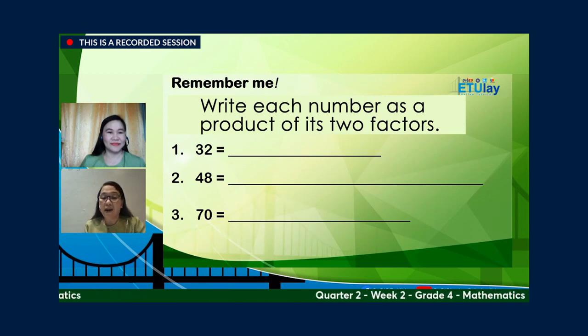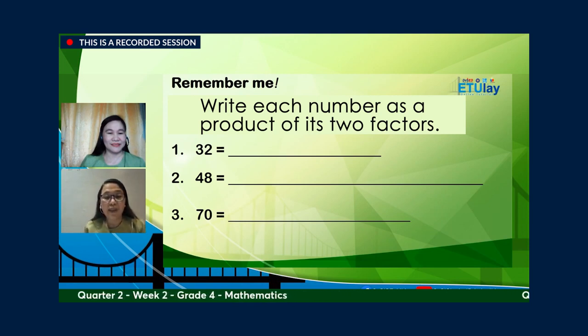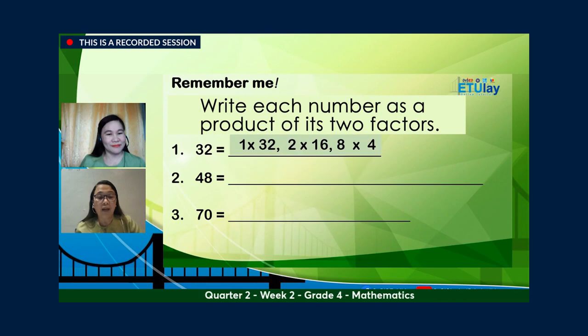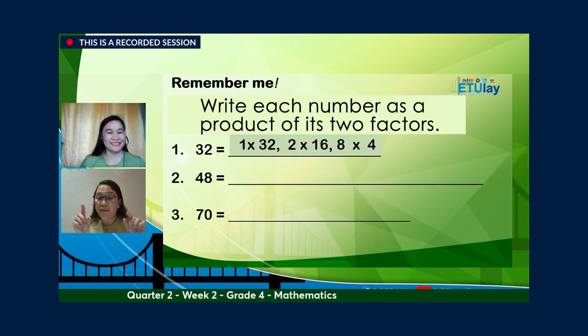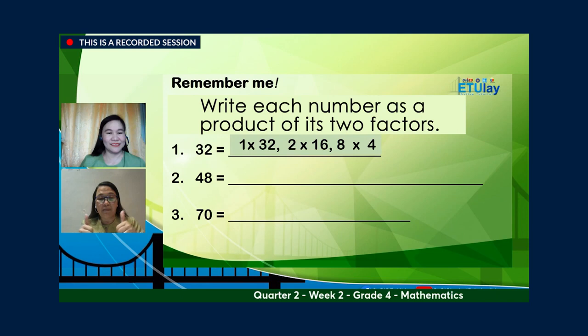Let us start. Write each as a product of two whole numbers. Number 1, 32. What are the two whole numbers that you can write to get a product of 32? If your answer is 1 times 32, 2 times 16, and 8 times 4, magaling mga bata, tama ang inyong sagot.